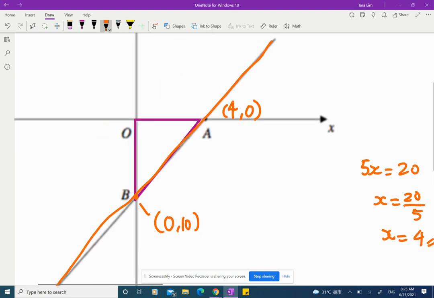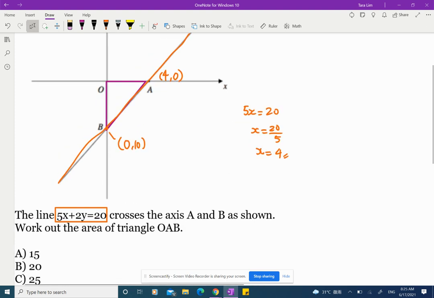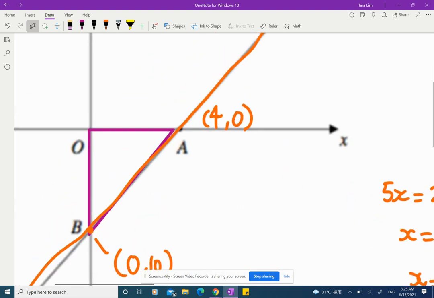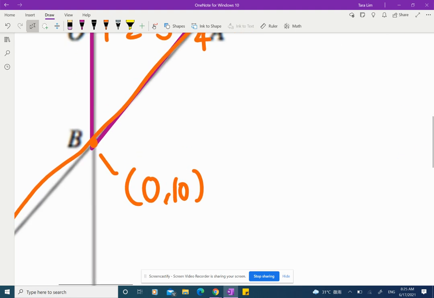So how does this help us calculate the area of triangle OAB? We know the x coordinate is 4, so plotting it approximately, point A is at (4, 0). The length from 0 to 4 is 4.